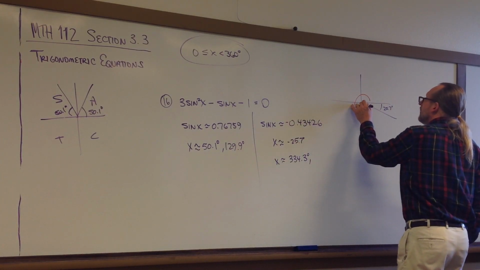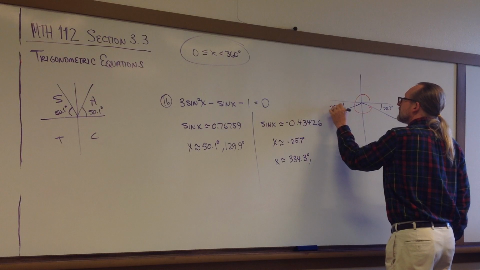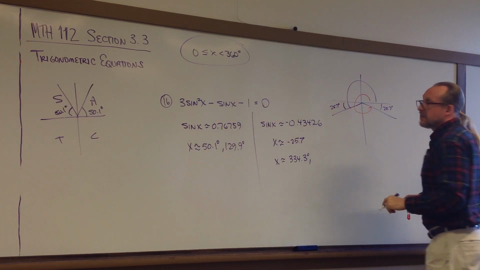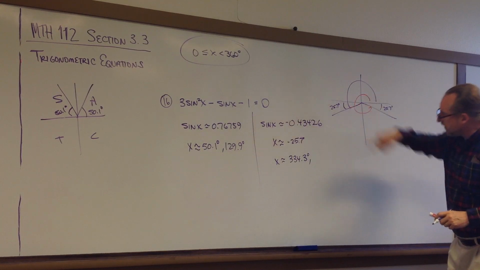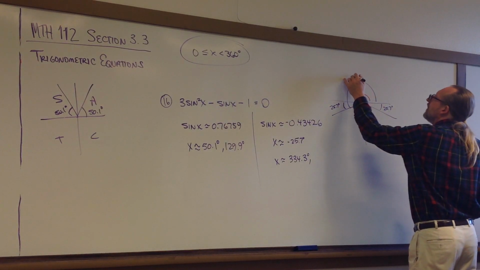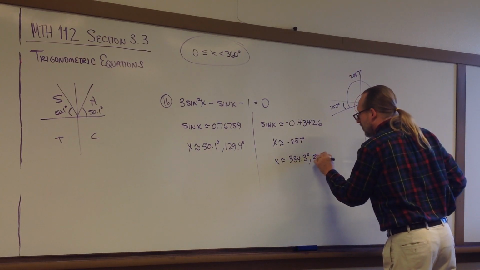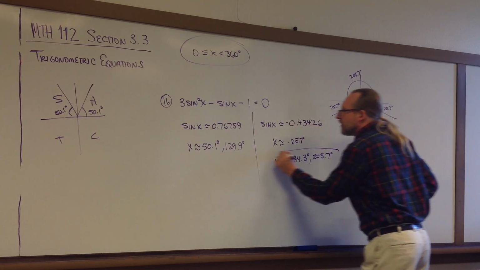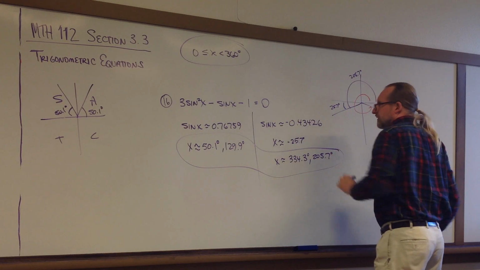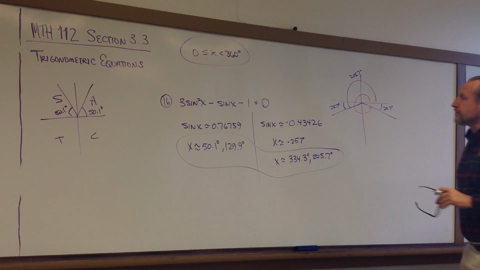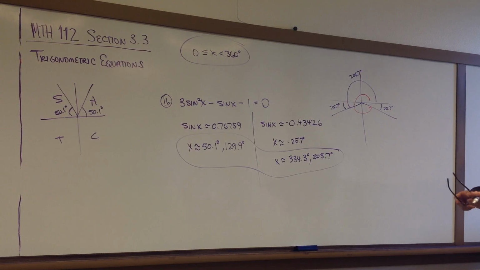And then also in the third quadrant, the sine function will be negative, and so this angle right here is going to be 180 plus 25.7, or 205.7 degrees. So there's the 4 angles that satisfy this equation and lie between 0 and 360 degrees.